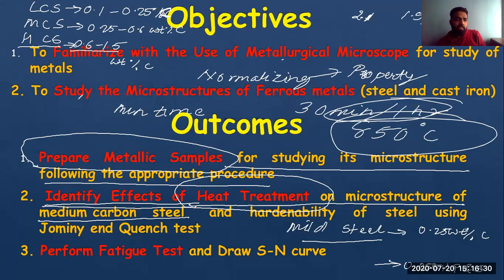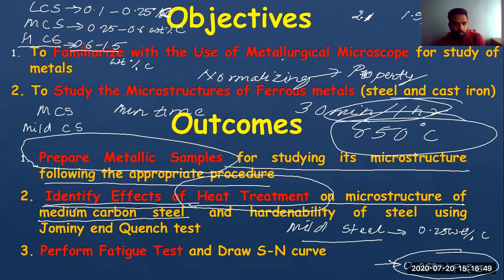So there is a difference between medium carbon steel and mild carbon steel. What is the difference? The difference is phosphorus and sulfur. Phosphorus and sulfur are not added to medium carbon steel, but they are added to mild carbon steel.